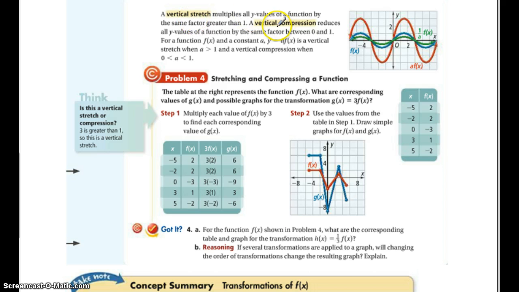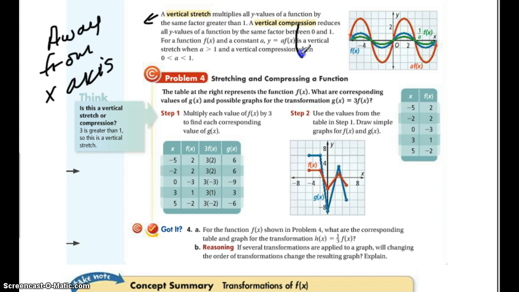So those vertical stretches and compressions, remember, this is a stretch away from the x-axis, and the compression is towards the x-axis.